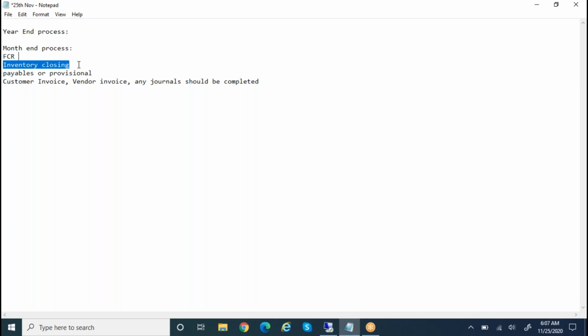Many times I observed many clients will not run inventory closing because it is the job or responsibility of the stores department, but it is affecting the financials in the balance sheet or trial balance actually. Because if the finance department does not observe, the stores department will leave it.